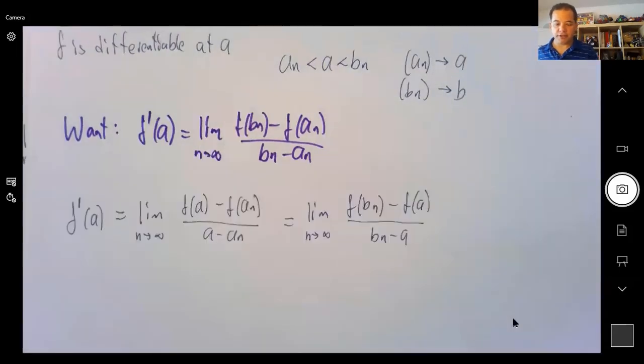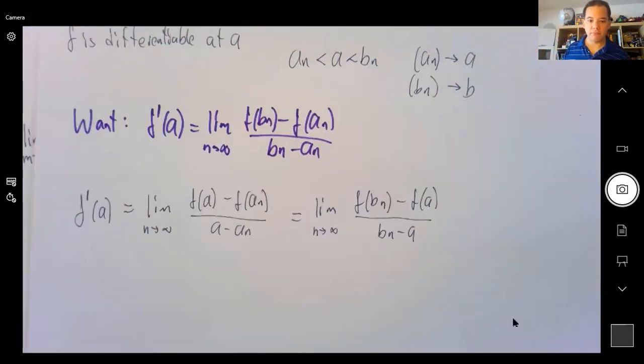Quick question, Professor? Are we sure bn goes to b? Because I thought it said the limit of an and the limit of bn both go to a in the book, or in the slide you showed us too. No, bn goes to a.